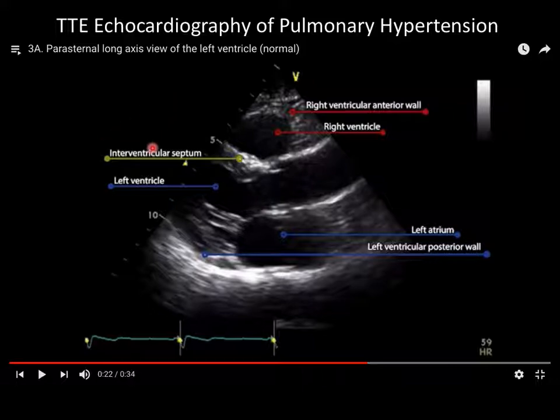Okay, so here's pulmonary hypertension. This is when you're basically impeding the ejection of the blood to the right side of your body. Basically, the heart has to work a lot harder because for whatever reason, the flow of blood towards your lungs is being impeded.